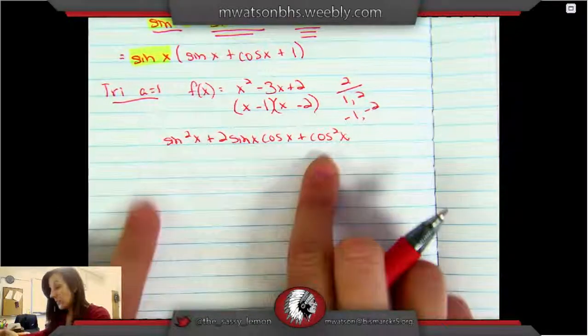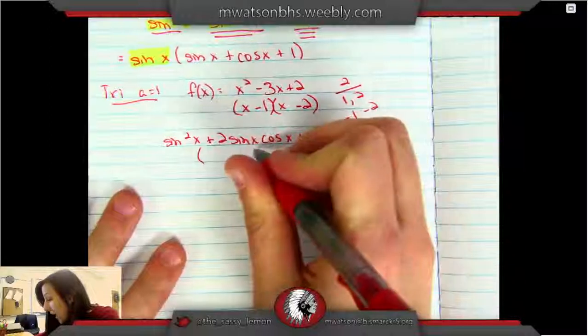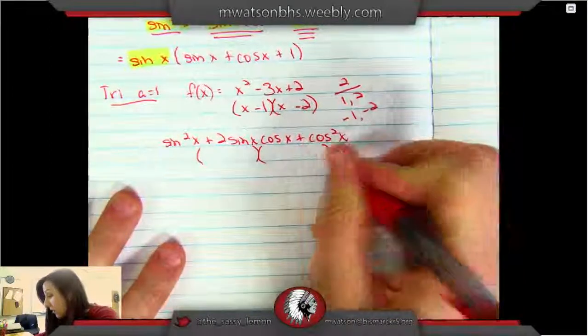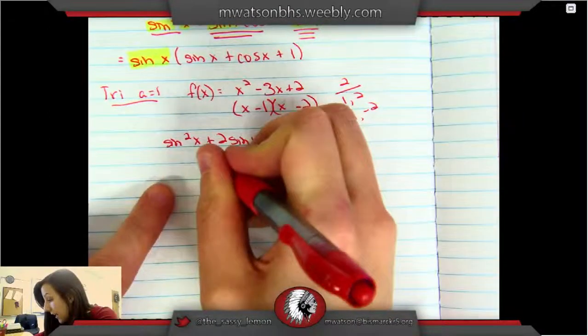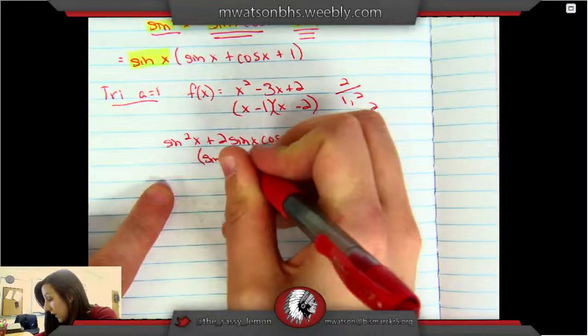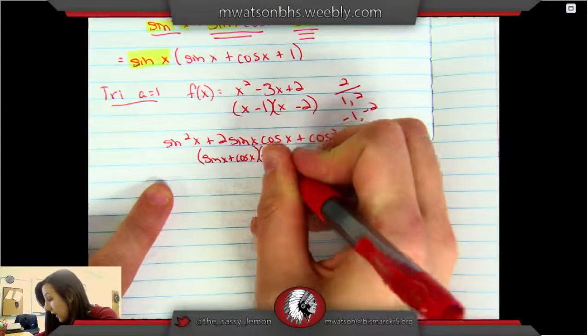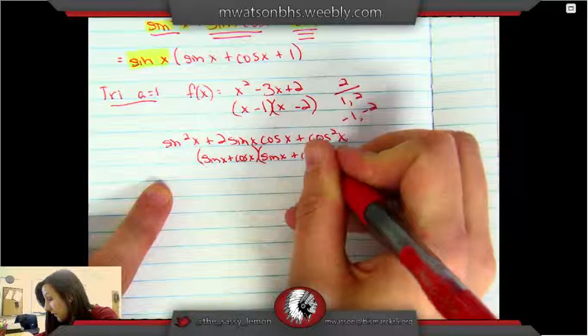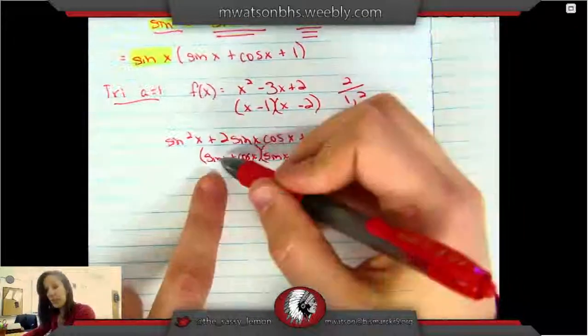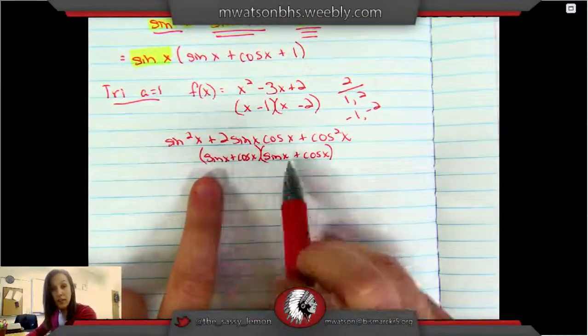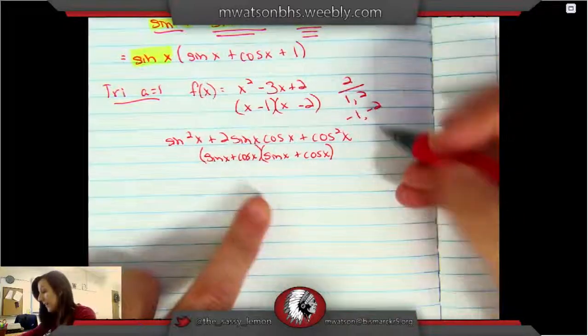something that can be factored. If I write this as sine x plus cosine x times sine x plus cosine x, I could FOIL this out and it would get back to this same answer.